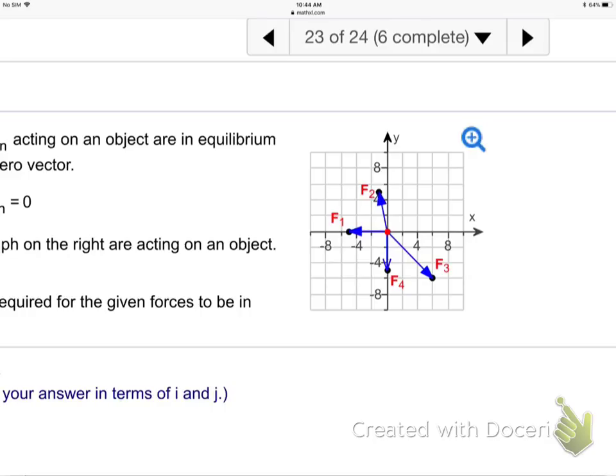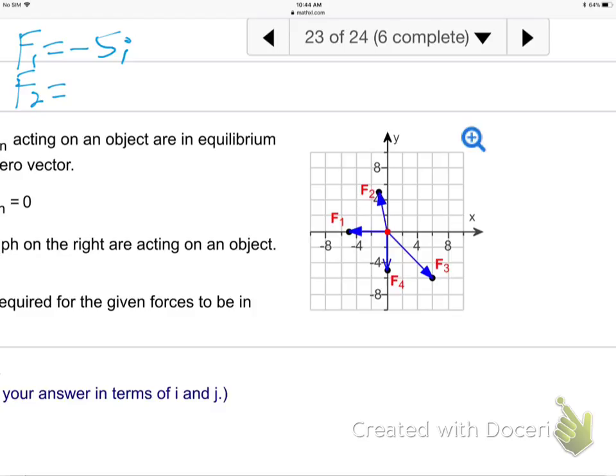So, for example, let's write force 1. What's force 1? Negative 5i. Good? Everybody see that? See how force 1 goes back 5. Here's 4, right? 2, 4. It goes halfway. So 5, minus 5i. Everybody good there? What's force 2? Force 2 is the trickiest.